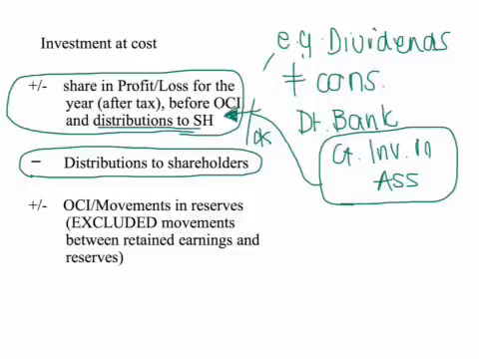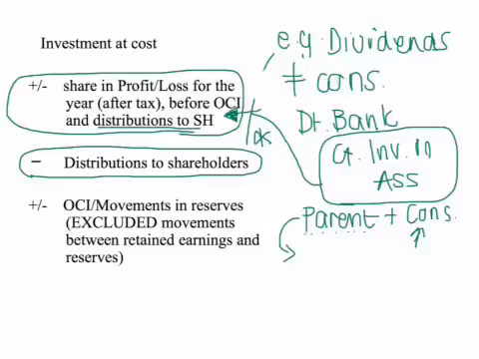If, however, we were consolidating, so it is a parent company and there's a group structure, so he has to prepare consolidated financial statements, he's still going to equity account for his investment in the associate, but it's not going to happen in his accounting records. It's going to happen on the consolidation worksheet.